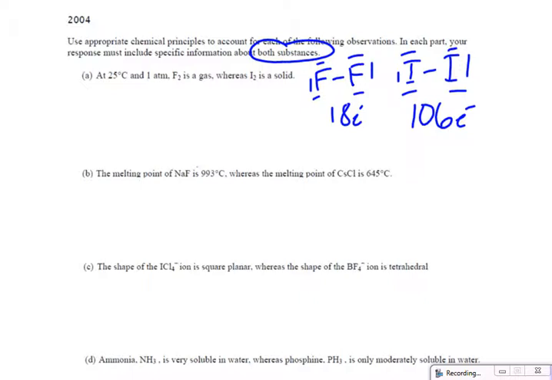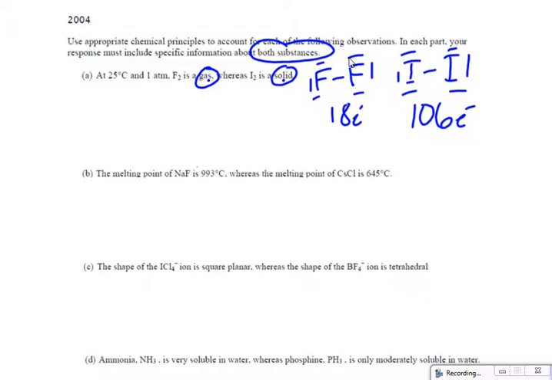Well, what do we know about these states of matter? States of matter are relative to the intermolecular forces for covalent compounds. The stronger those intermolecular forces, the less chaotic that state of matter. So a solid must have relatively strong intermolecular forces, and a gas must have relatively weak ones.